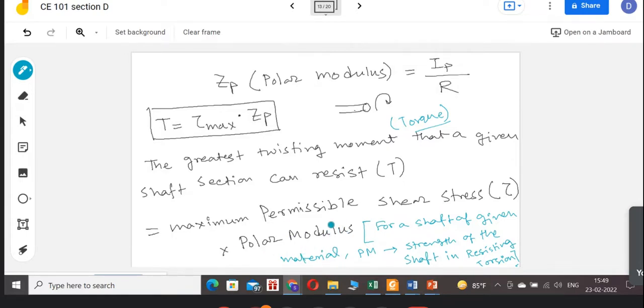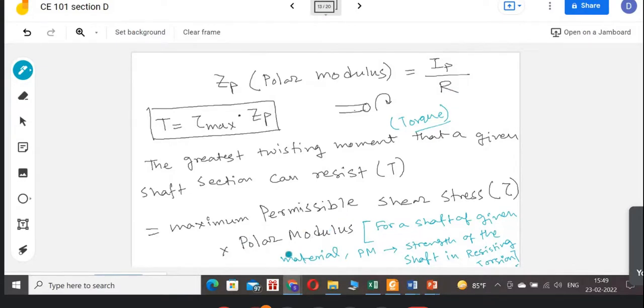And remember one thing, from the definition we can see that this polar modulus is a completely dimensional property. The radius R is also a dimensional property.